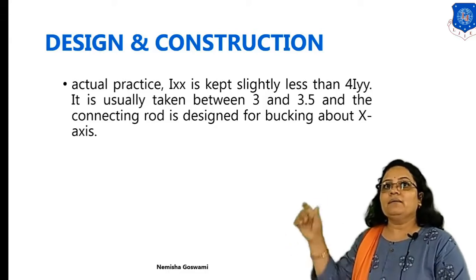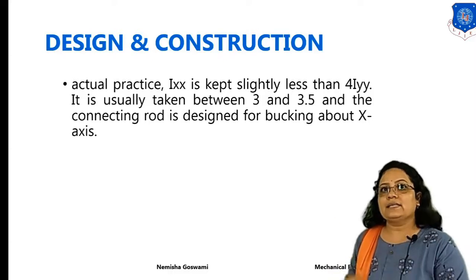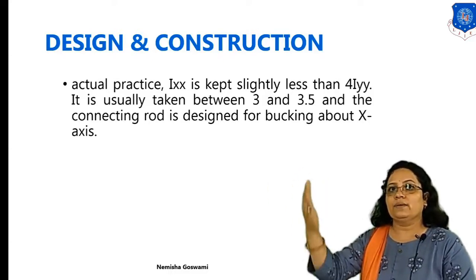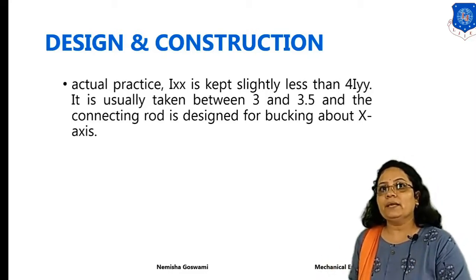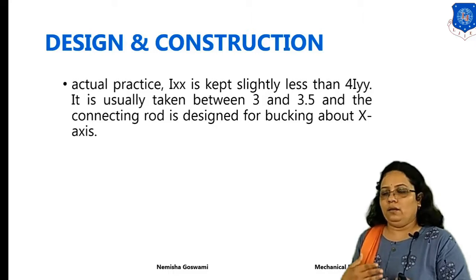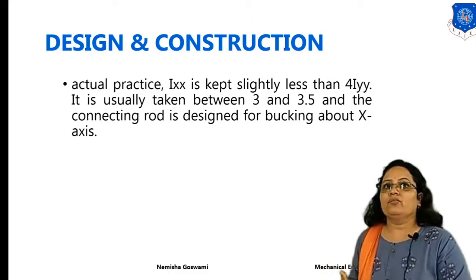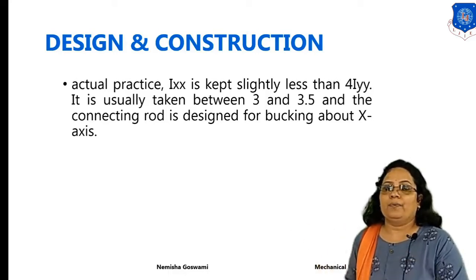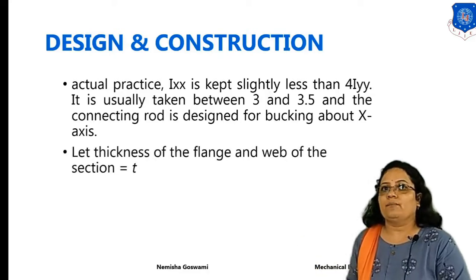In the design of the I section, the moment of inertia about the x-axis should lie between these two values. If this is not fulfilled, the design parameters you have considered are not appropriate for the design of the connecting rod. This is important.